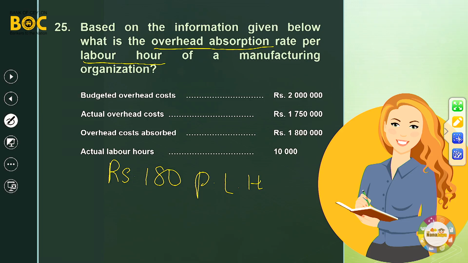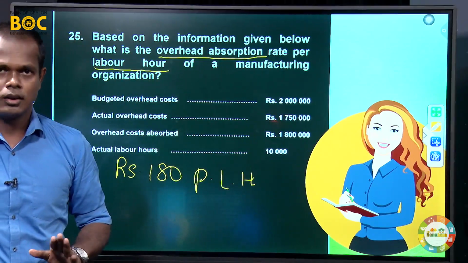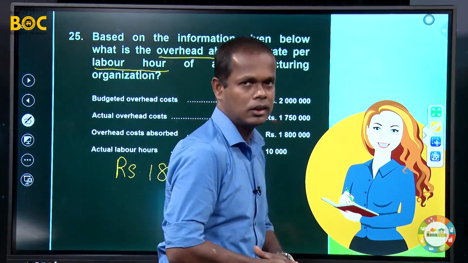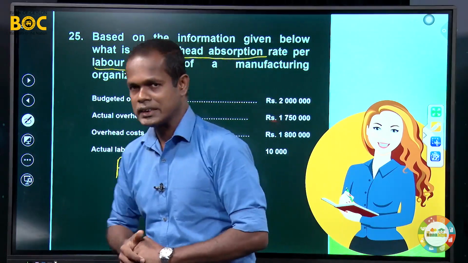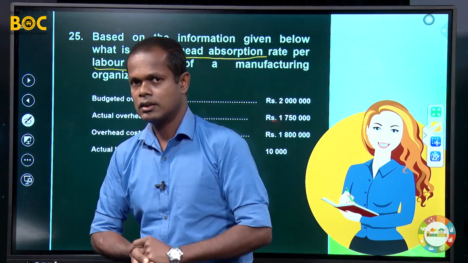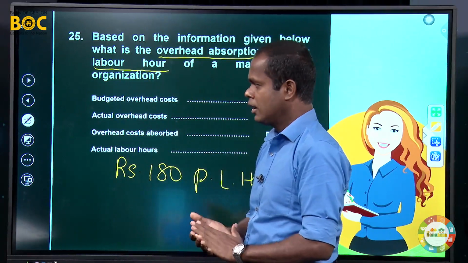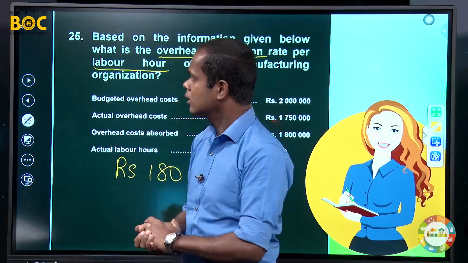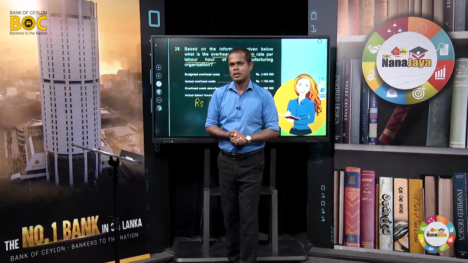Right. And today we discussed overhead costing. That is the 14th lesson. In previous lessons we discussed the introduction, material costing and labor costing. In the costing lessons, normally students find the overhead part a bit hard.